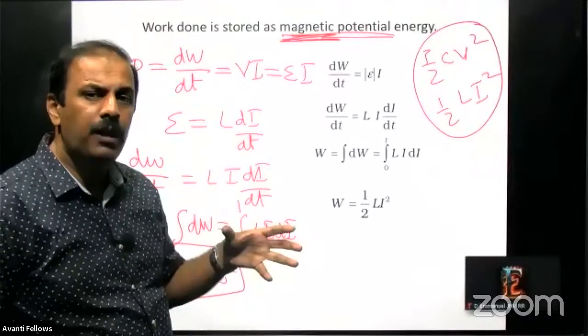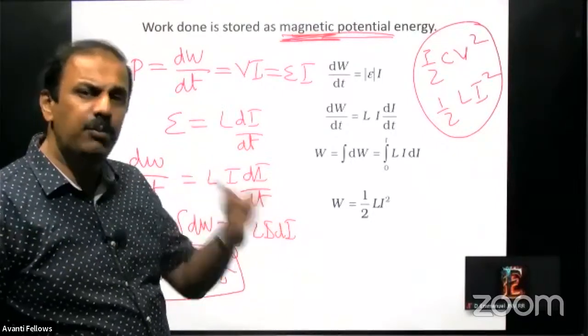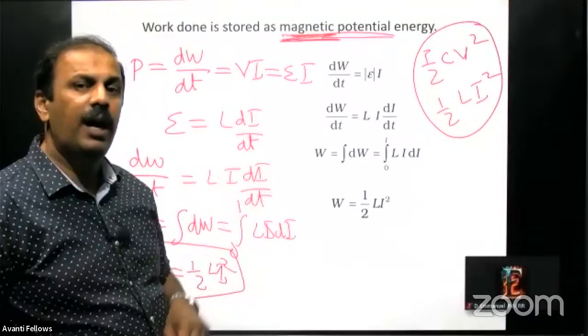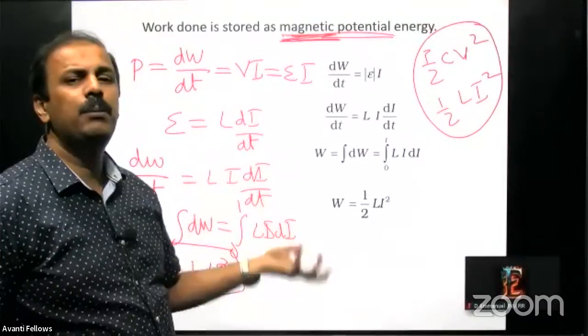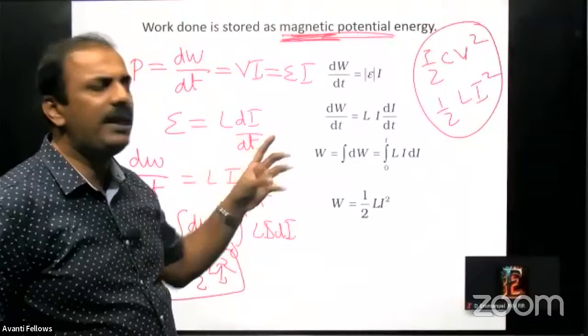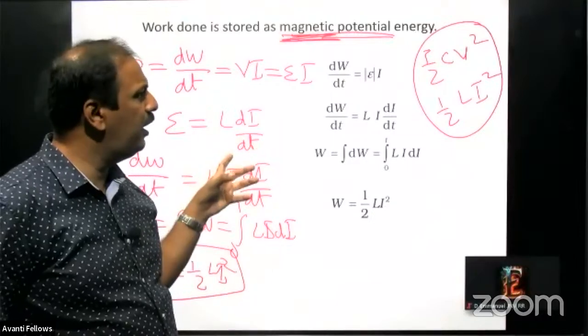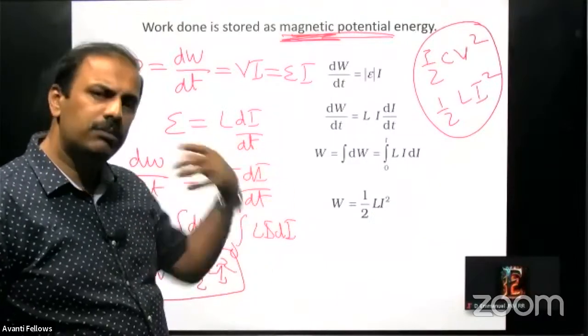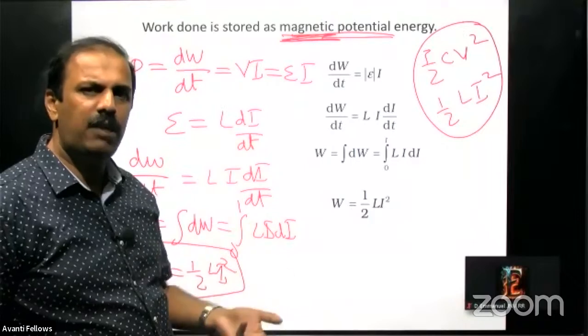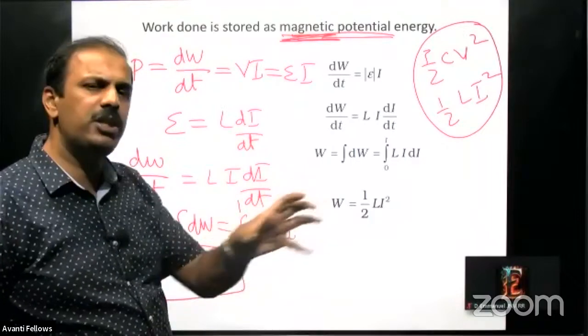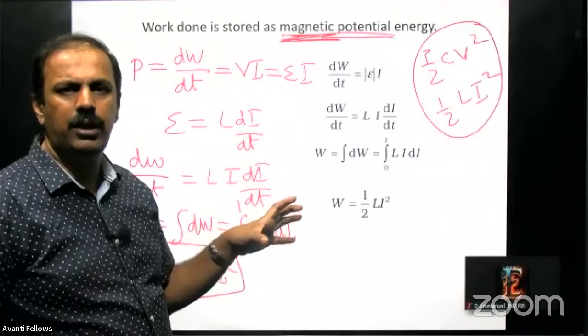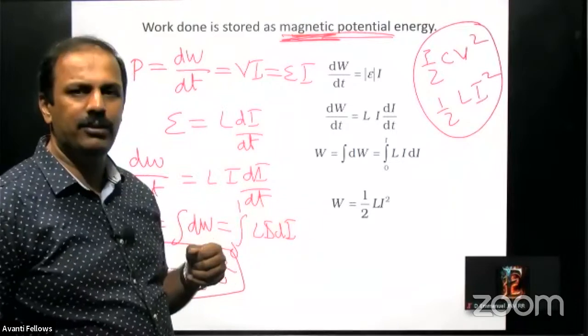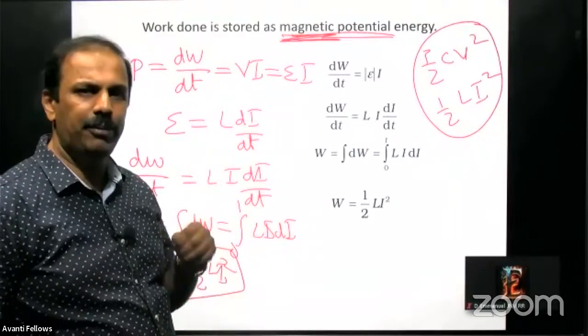One is the effect due to the current in the same coil, that is called self-induction. And the other one is mutual induction. So what you have to do is add both equations, the EMF of the same coil due to self-induction and mutual induction. That's all. So the total EMF you will get like that. Both will happen at the same time.